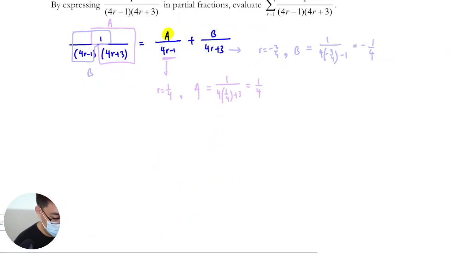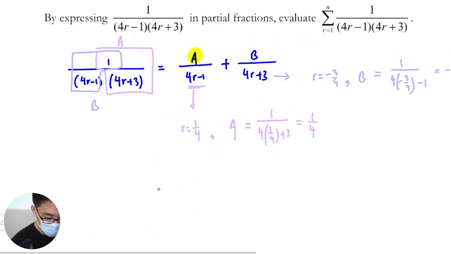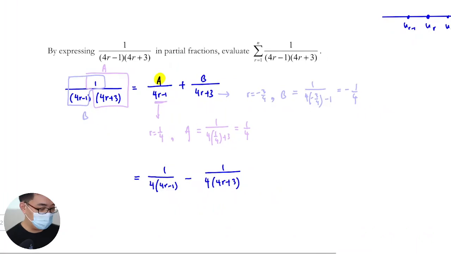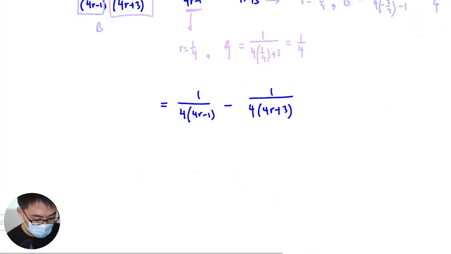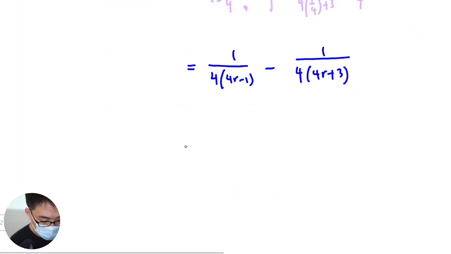So in other words, this will be 1/4, 1 over 4R minus 1.